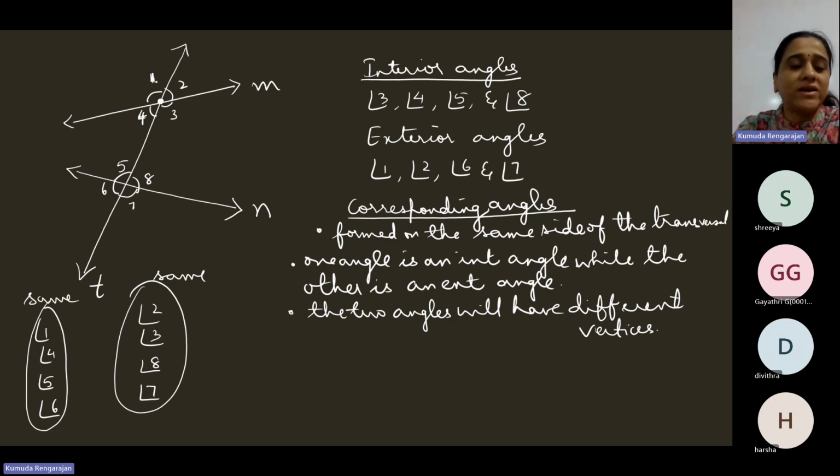Okay. Then let's take angle 1 and angle 5. Angle 1 is an exterior angle. Angle 5 is an interior angle. Angle 1 and 5 are formed on the same side of the transversal and they have different vertices, because this is the vertex for angle 1 and this is the vertex for angle 5. So angle 1 and angle 5 form a pair of corresponding angles.